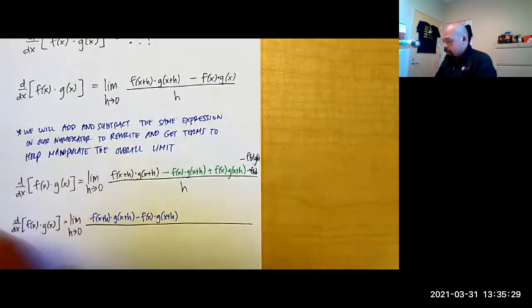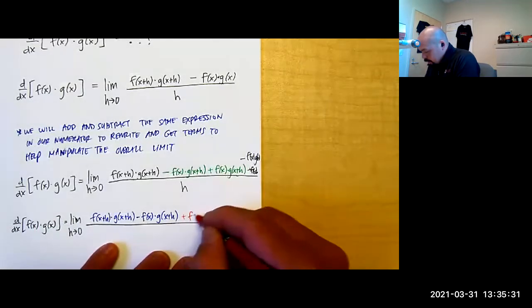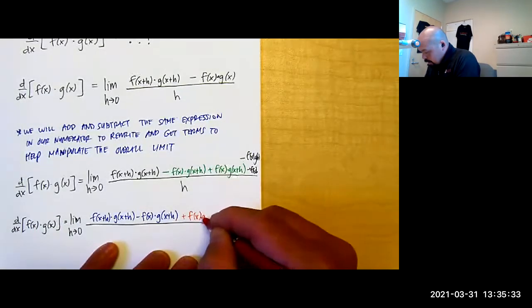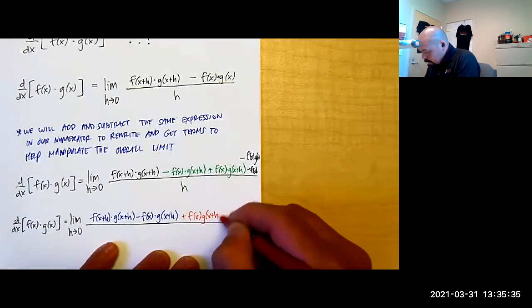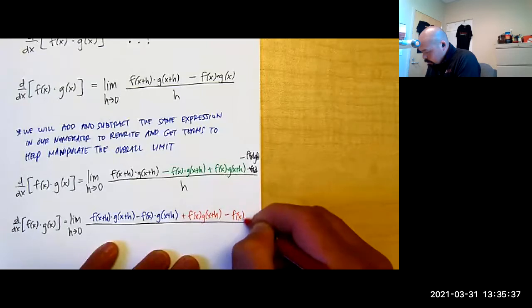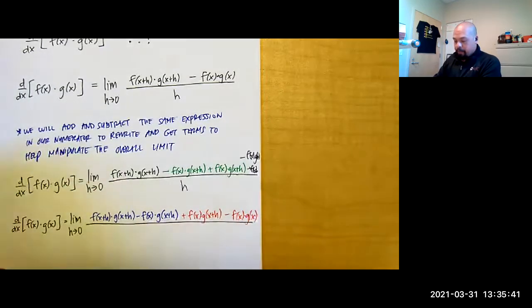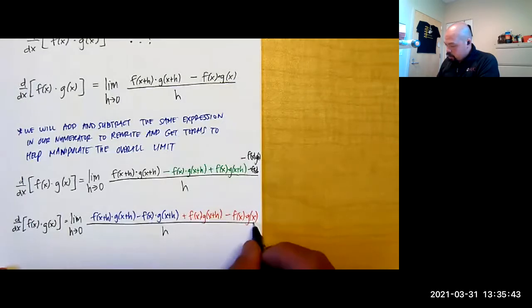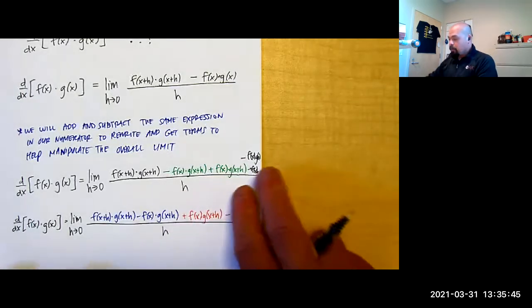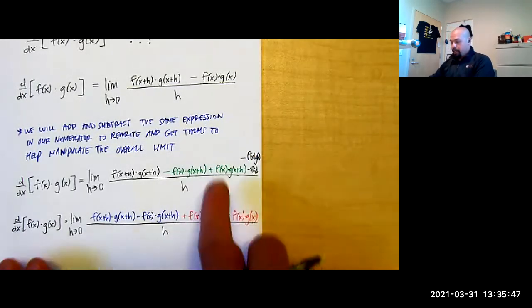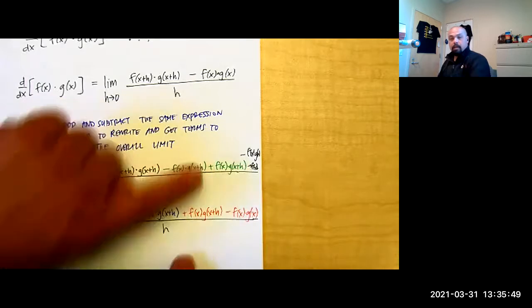Then from these two expressions, these both share the f of x. And it's still all over h. Right, so it's kind of like grouping those different pairs.